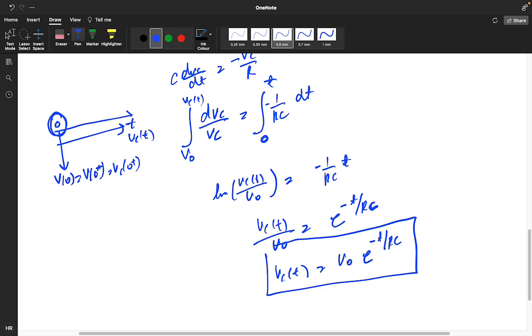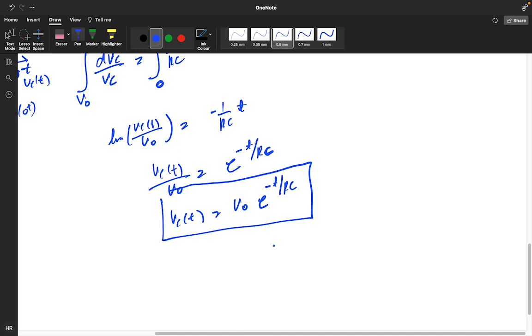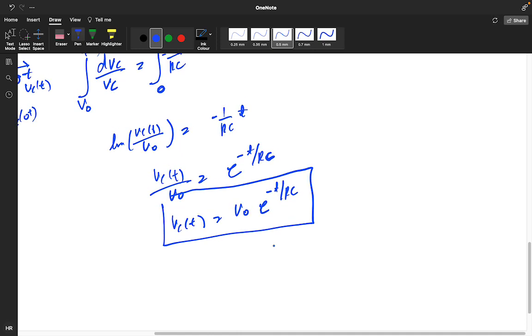So this is the equation for the voltage we are getting. And what is the time constant here in an RC network? Tau is R into C only. So the time constant will be R into C for an RC network.